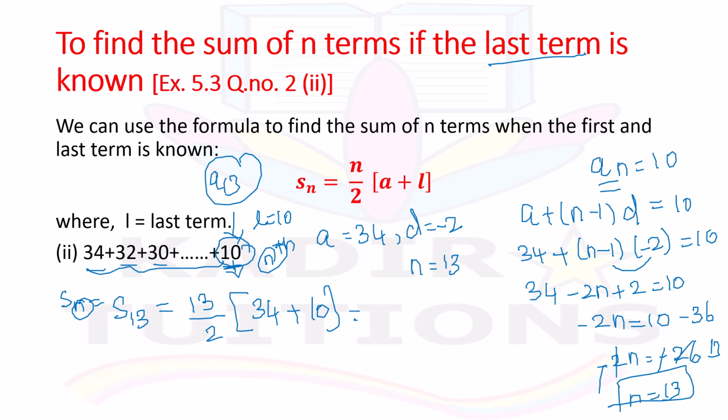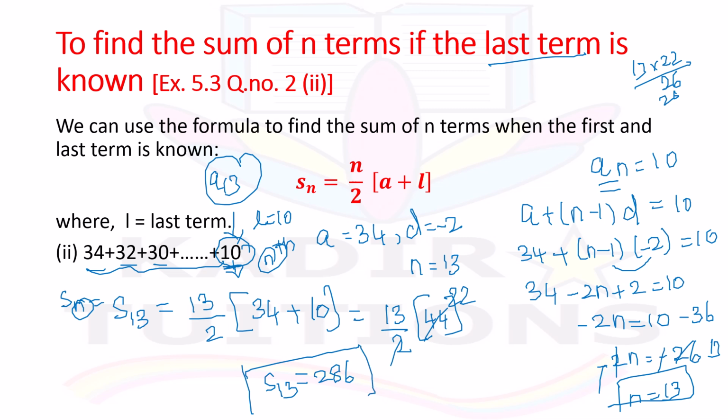That's the reason we are using this formula only if the last term is given. So 34 plus 10 is going to be 44. So 2 is going for 22 times. So 13 into 22, it's nothing but 26, 26. Yeah, it's going to be 286. So what is the S13 value? It's going to be 286.